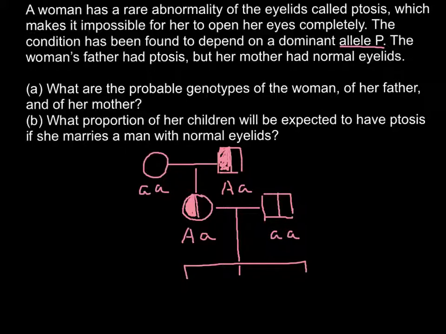But as long as this genetic disorder is dominant, we only need one allele in order for the person to be affected. So as you see here, we can put a box that would be filled only in half to show the person who is affected.